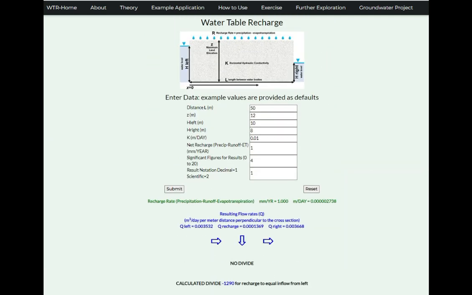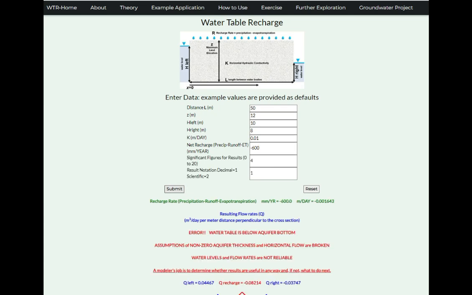If I enter a combination of values that results in the water table being below the aquifer bottom, error messages are printed. In this case, I enter net recharge of minus 600 millimeters per year, so groundwater is discharging up through the surface at a rate so high that it cannot be supported given the input properties for the aquifer. Although the mathematics show balanced flow, the situation is not physically possible.